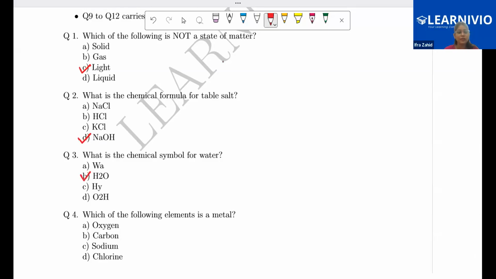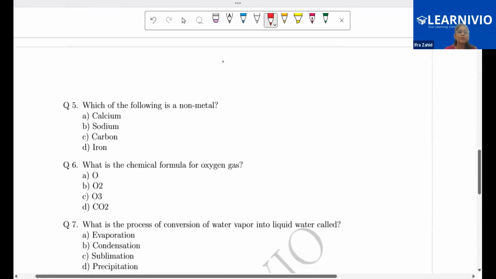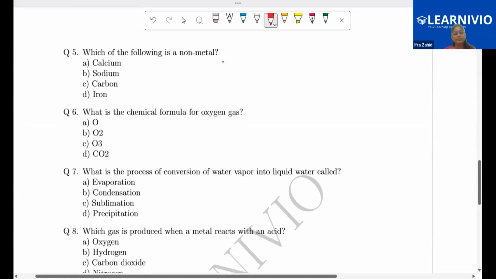Okay. Next, which of the following elements is a metal? It should be carbon. Okay. Next, which of the following is a non-metal? It is calcium, ma'am. Okay. What is the chemical formula for oxygen gas?